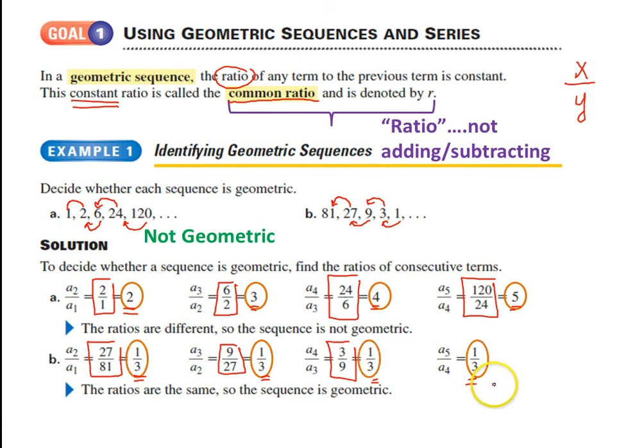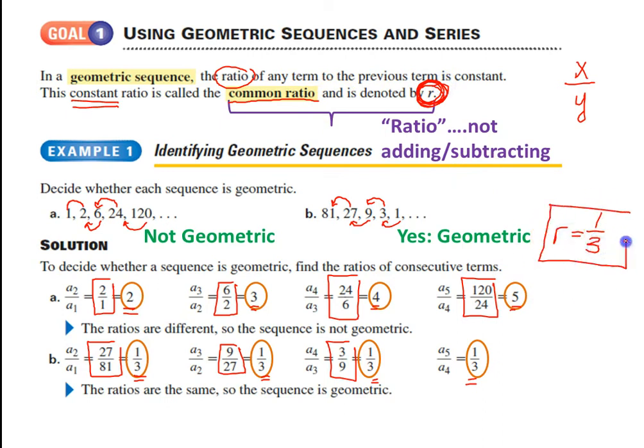Is there a common constant ratio? Yes. This ratio is denoted by R. If I were to ask, what's R? R would be 1/3. With our arithmetic sequences, we had a common difference, D. With our geometric, we have a common ratio, R.